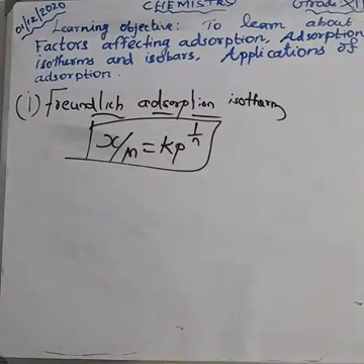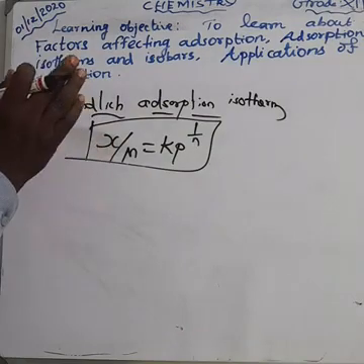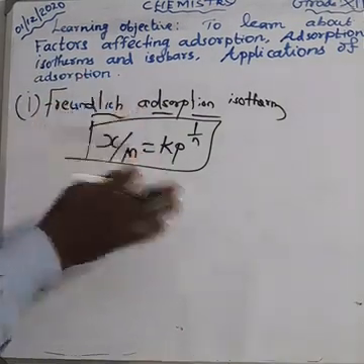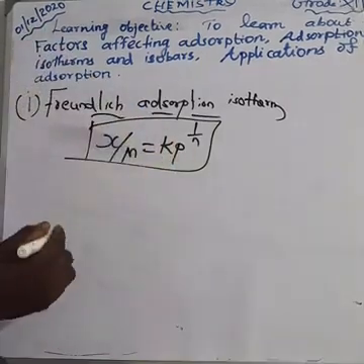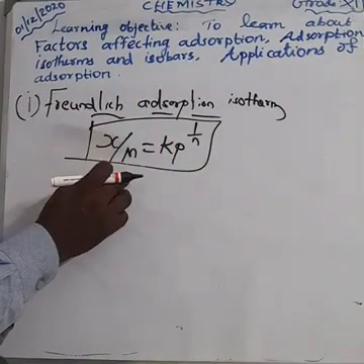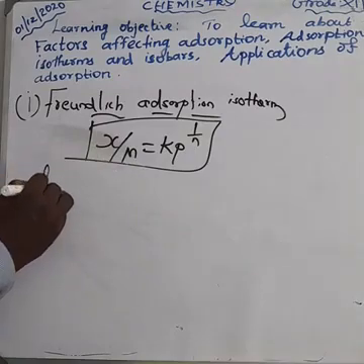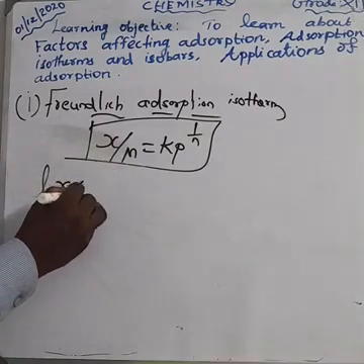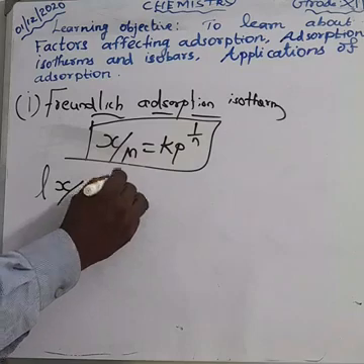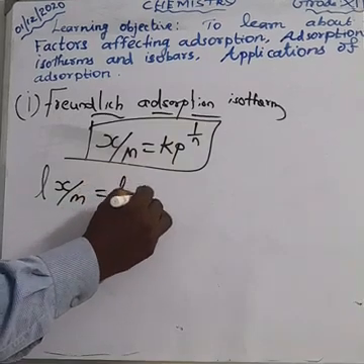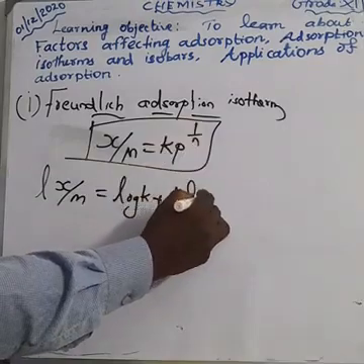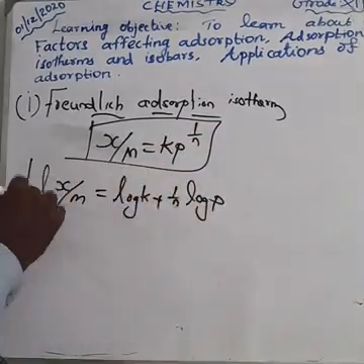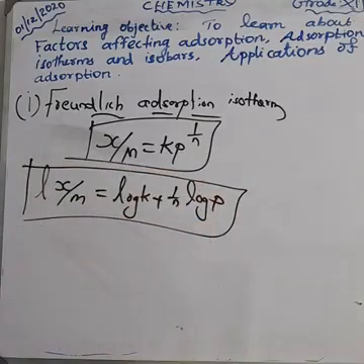Taking logarithm on both sides of the equation, log x by m is equal to log k plus 1 by n log p. This is the formula.